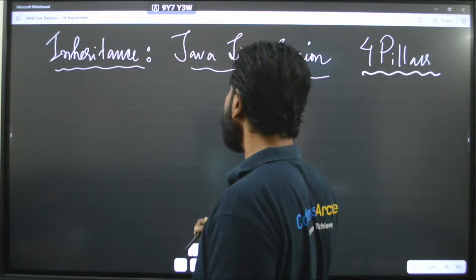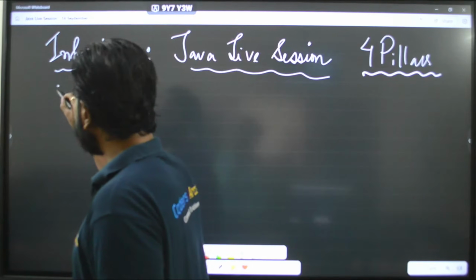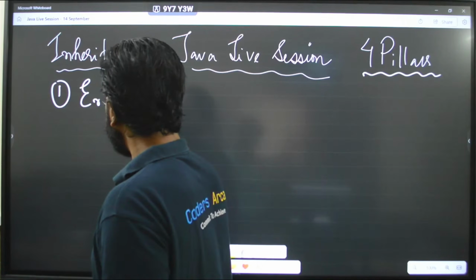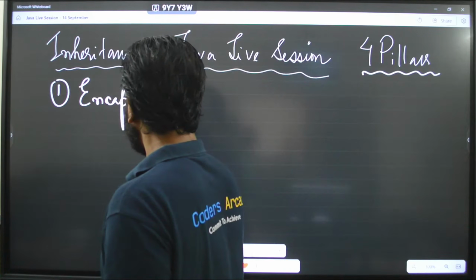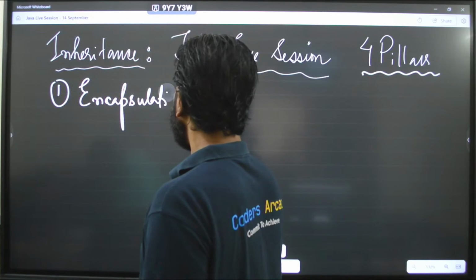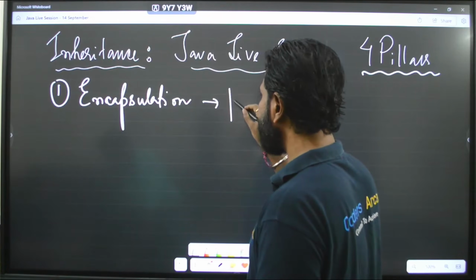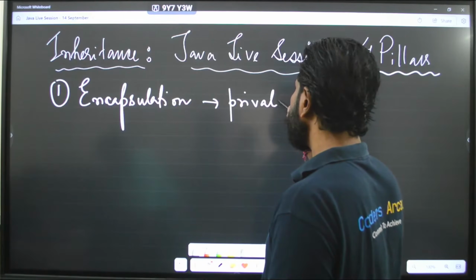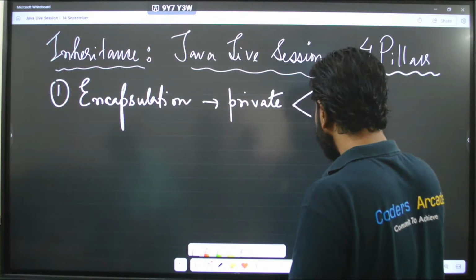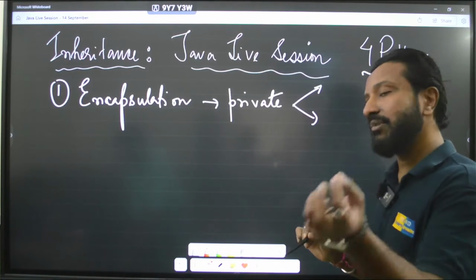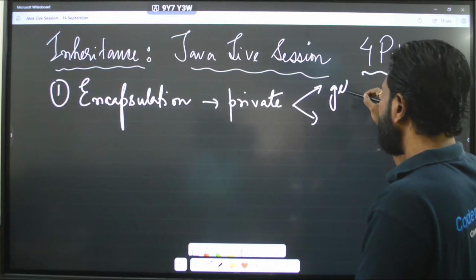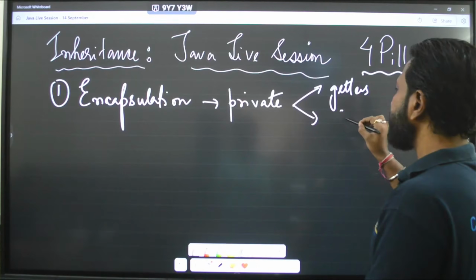And out of that, we have already learnt about encapsulation, done. We saw how to use the private access modifier, and we saw how to access them using 2 very special methods, the getters and the setters.